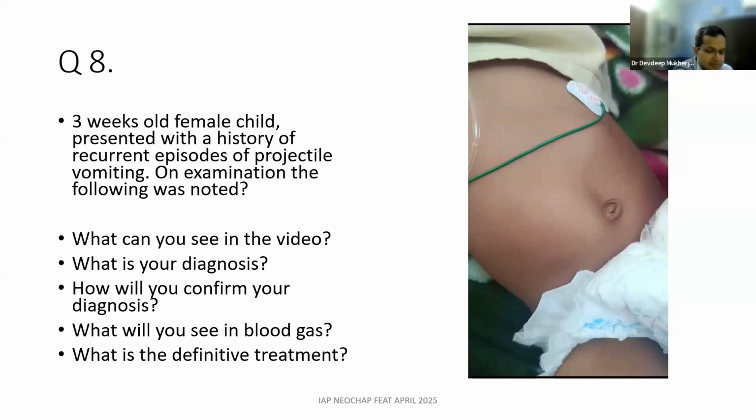Right. What will you see in the USG? Anything specific that you ask for in the USG?